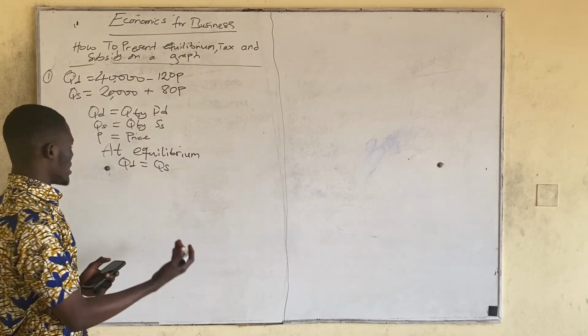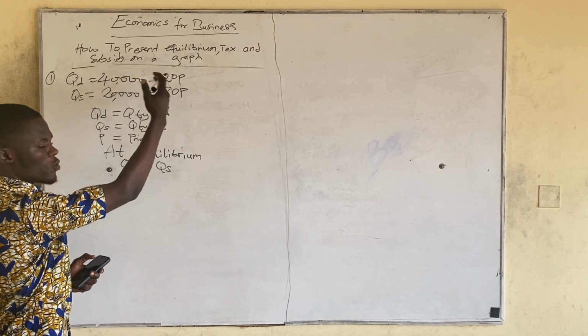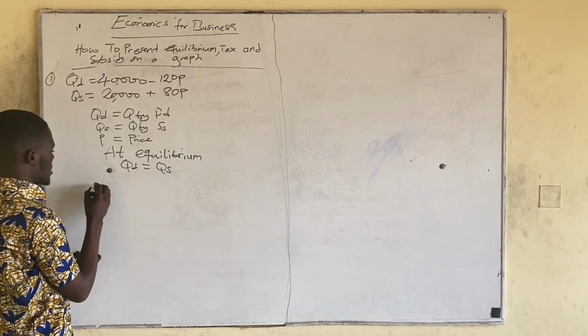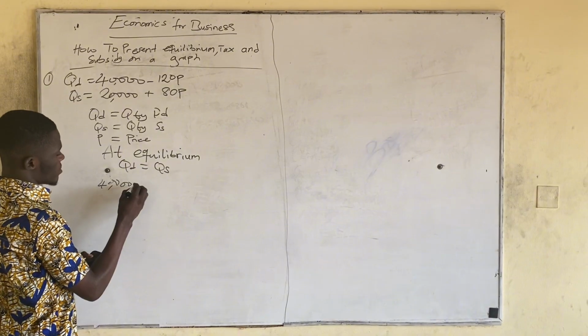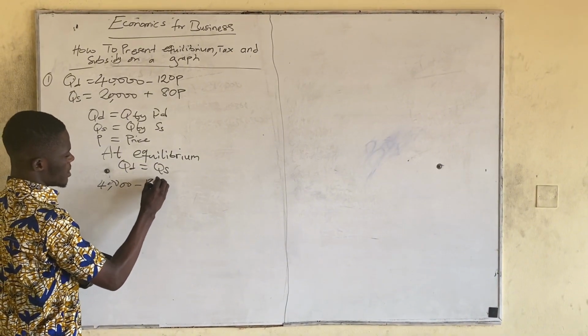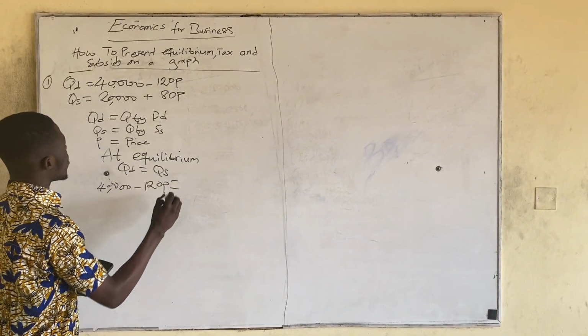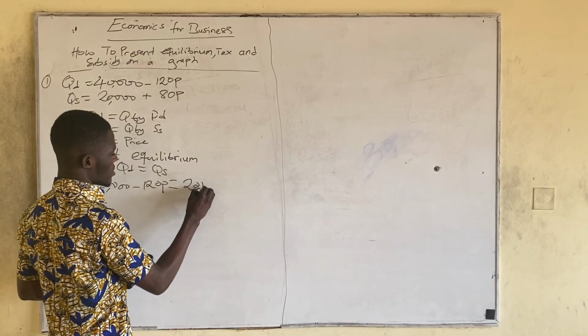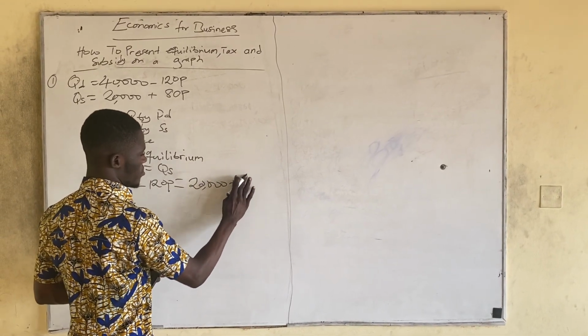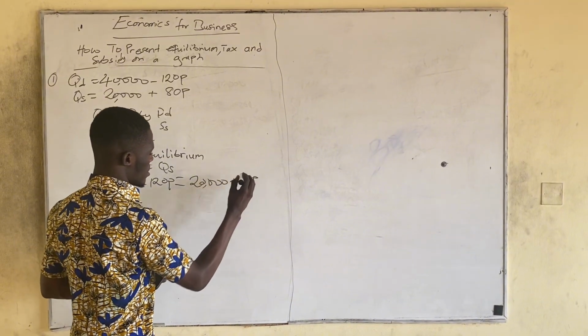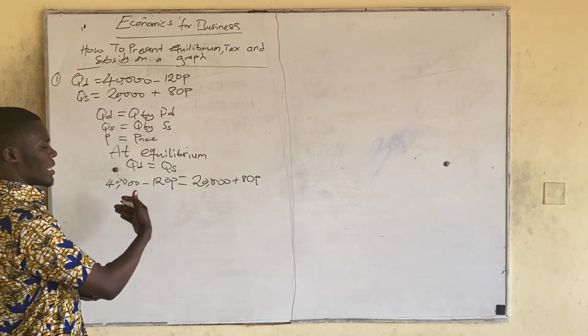Now you create these two equations, which is 40,000 minus 120p is equal to 20,000 plus 80p. Now we are done equating.